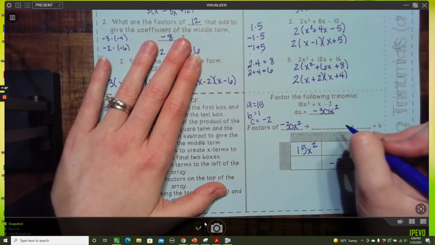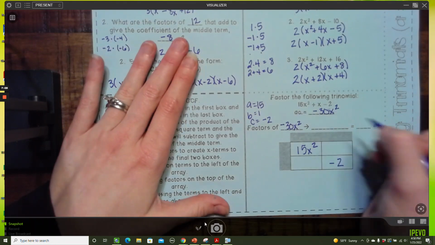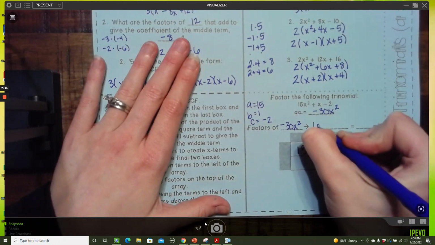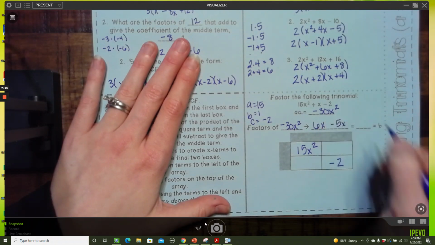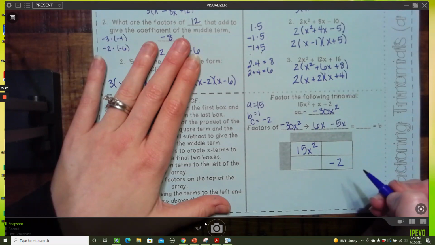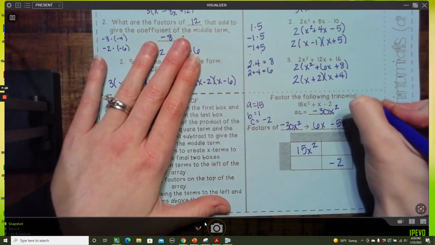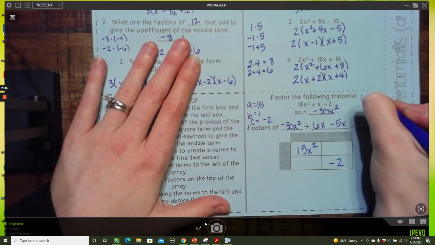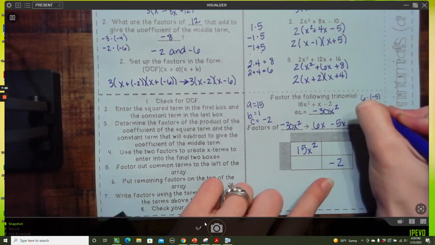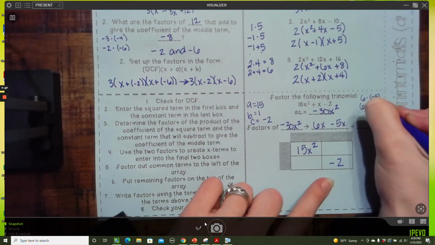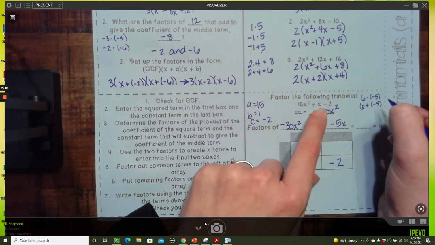So 30x squared, I could factor it into 6x and negative 5x. 6 times negative 5 is a negative 30, right? 6 times negative 5 equals a negative 30. And then 6 plus a negative 5 gives me that 1.